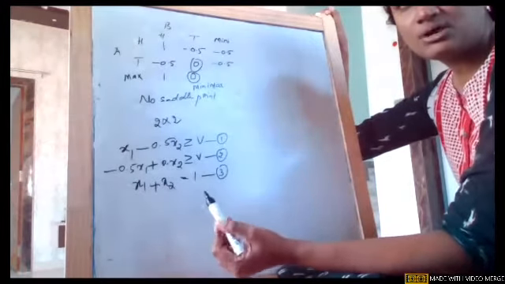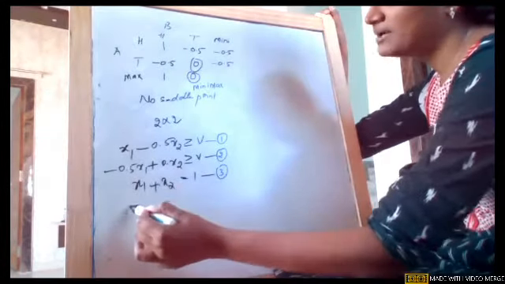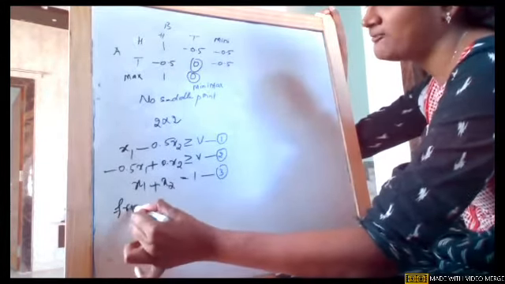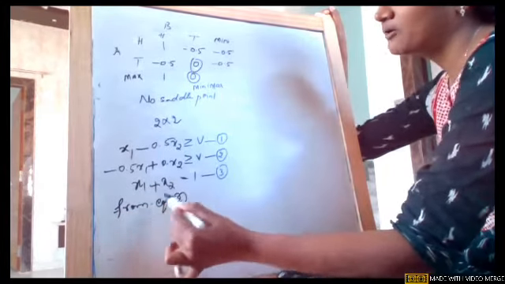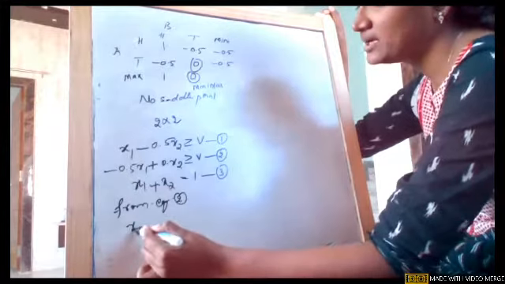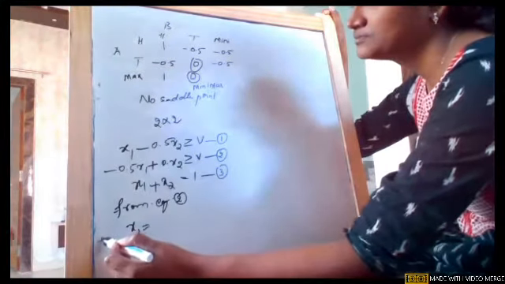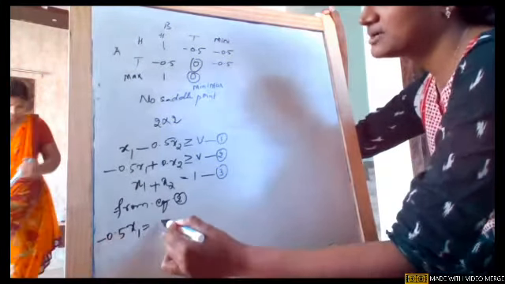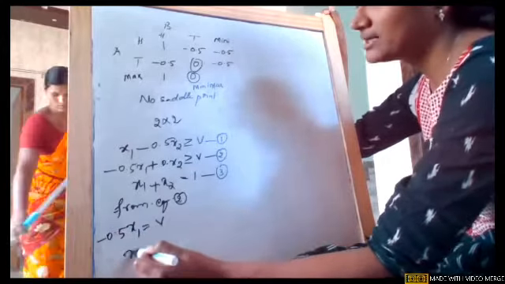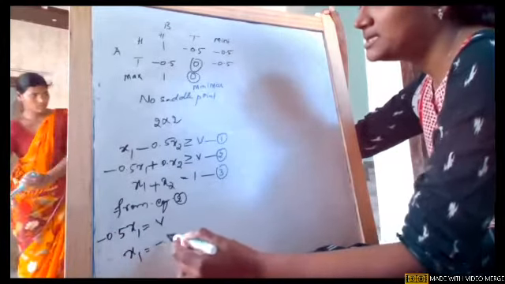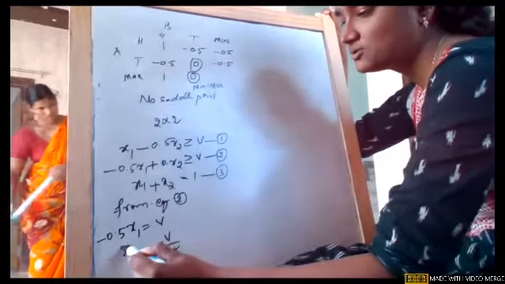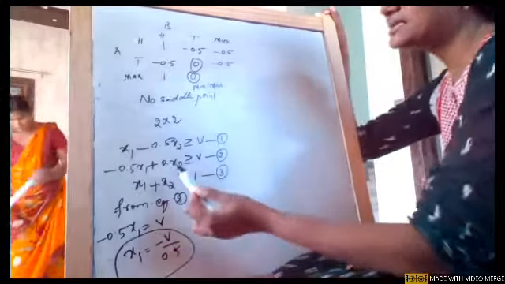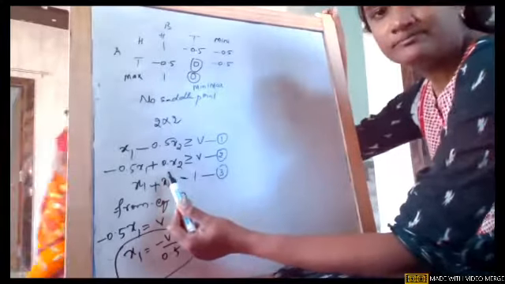Obviously, from equation 2, as we have one value to be 0, x1 is equal to minus 0.5, x1 is equal to v. So x1 is equal to minus v divided by 0.5. We are already getting this as we have this as 0.